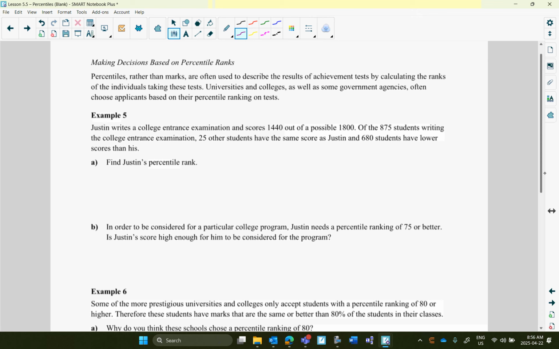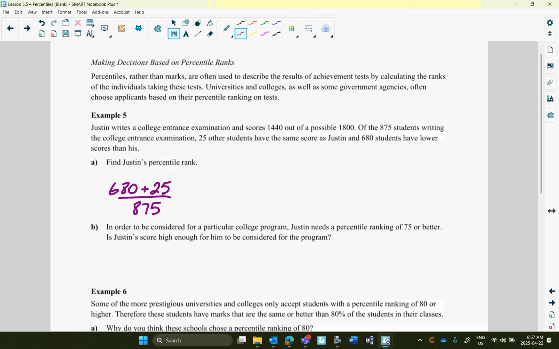What's his percentile rank? So if we think about, first of all, the total number of people that wrote is 875, right? How many scored lower? 680. How many scored the same? 25.